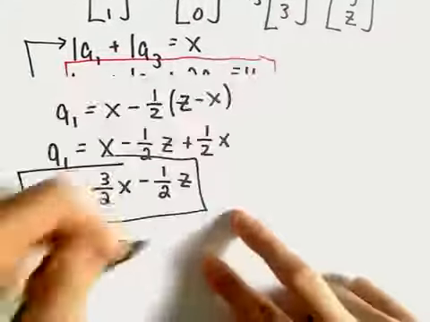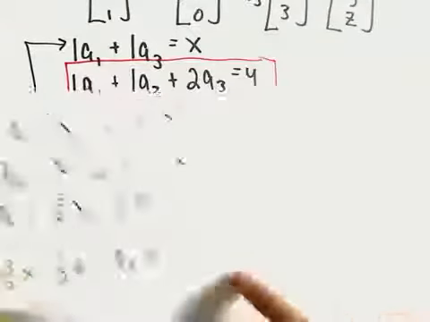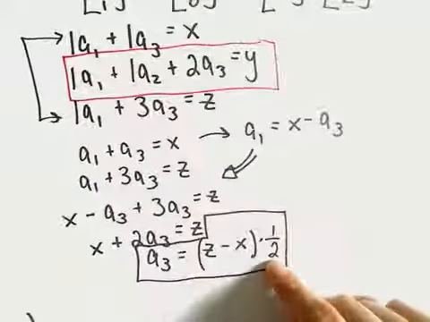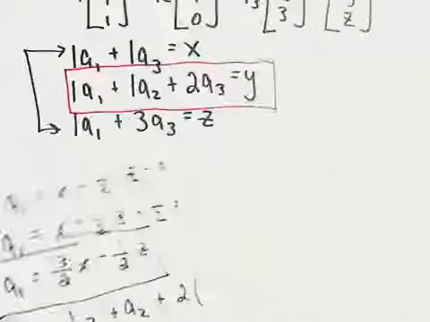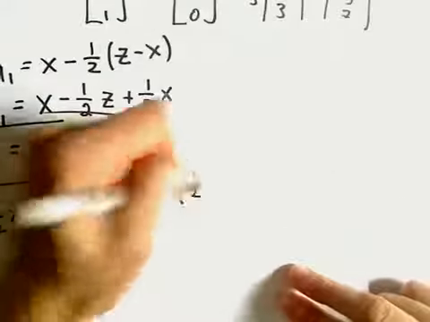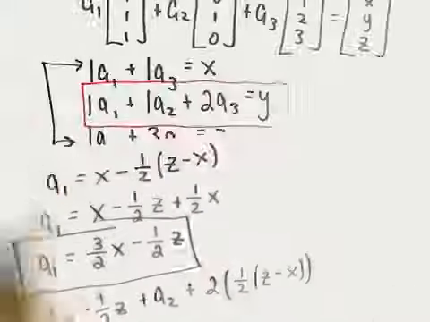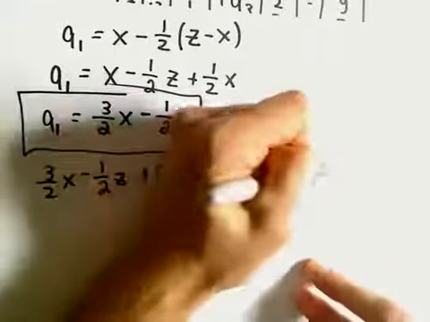Then we have plus a sub 2, that's the one we don't know, and then 2 times a sub 3. And again, a sub 3 we said is 1/2 times z minus x. So 2 times 1/2 times z minus x. And we said all of that is going to be equal to y.